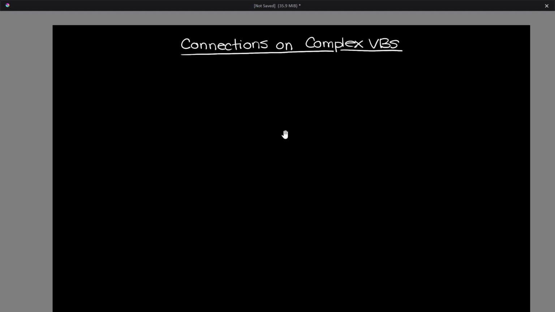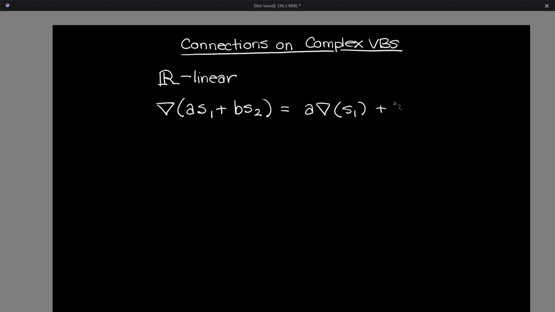So we know that with real vector bundles, our connections had to be R linear, right? So let me write out our linearity. It was nabla of (A S1 plus B S2) that had to equal A nabla S1 plus B nabla S2.